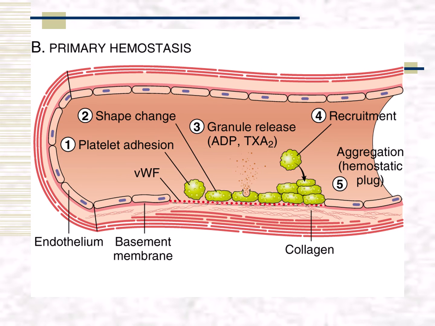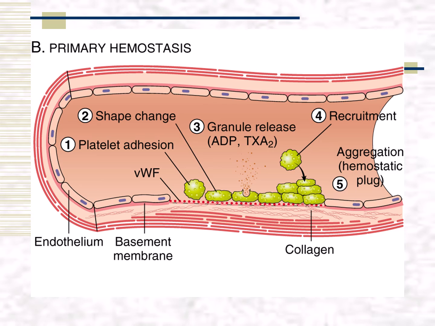One of the first cells to respond to tissue injury are the platelets. So what happens when they are activated? They adhere to the surface of the damaged blood vessel. We call that platelet adhesion. They change in terms of shape. They release certain chemicals, for example, ADP, adenosine diphosphate, that attracts more platelets, and thromboxane A2.